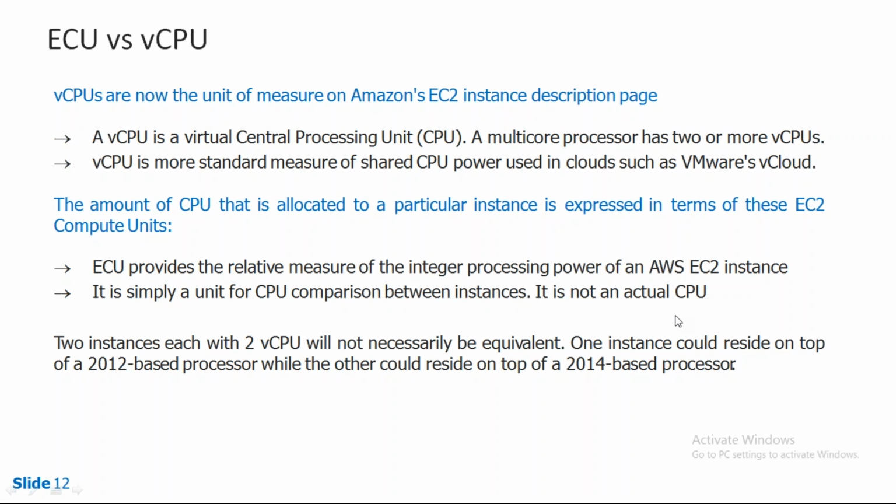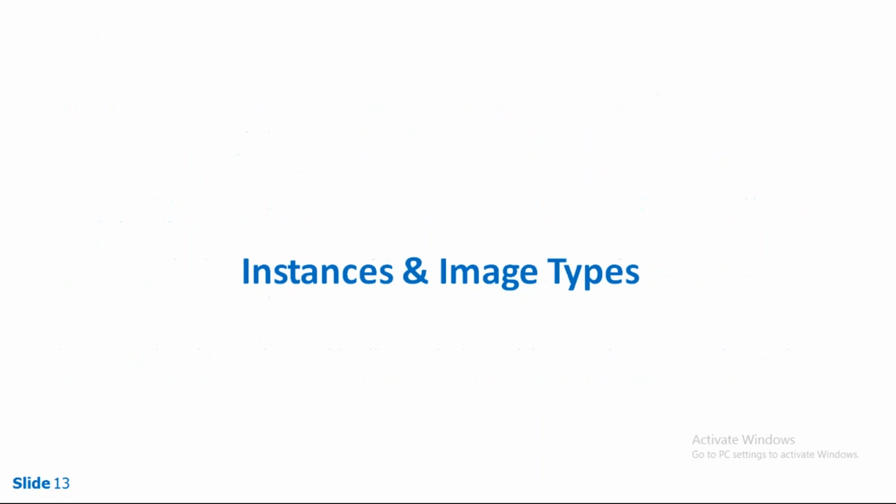So that's what we have to make a note of. Two instances each with two vCPUs will not necessarily be equivalent. One instance could reside on top of a 2012 based processor, while the other could reside on top of a 2014 based processor. So you can have multiple hardware systems with your EC2 instance. So that is the flexibility we have with that.